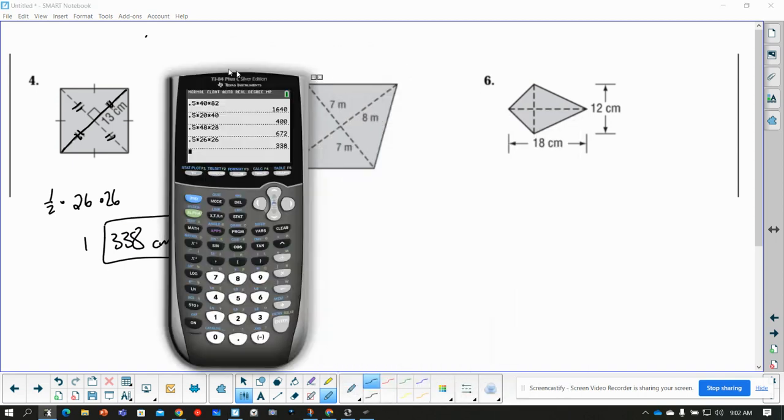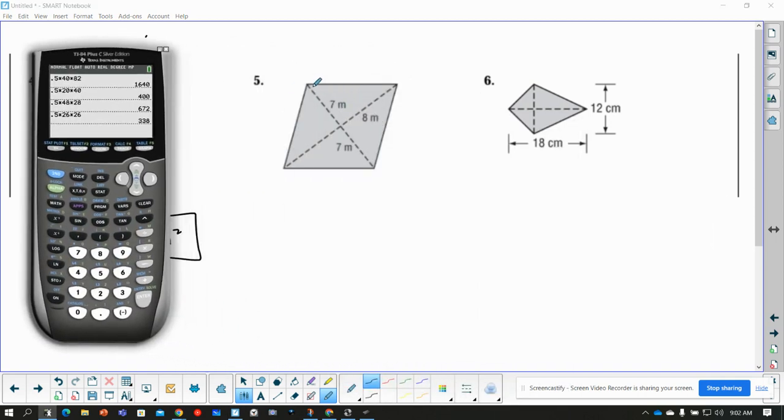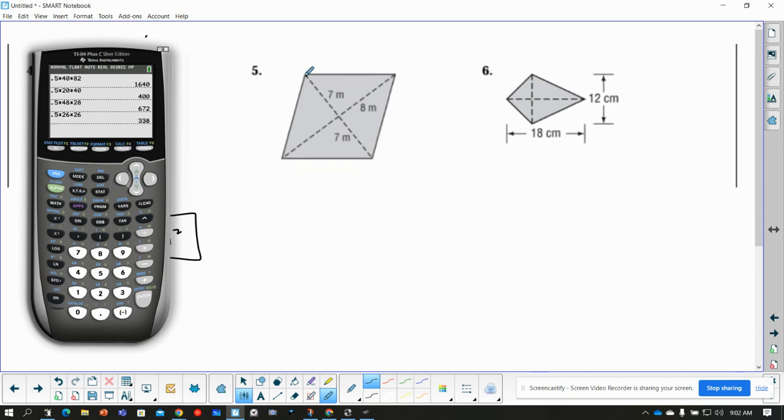Okay, there's that one. Next one here, I don't know why it does that sometimes. 7 and 7 makes 14. These are the same. And if you haven't figured this out yet, if this is a rhombus, these would also be the same. 8 and 8, it's always going to be true. 7 plus 7 is 14. 8 plus 8 is 16.